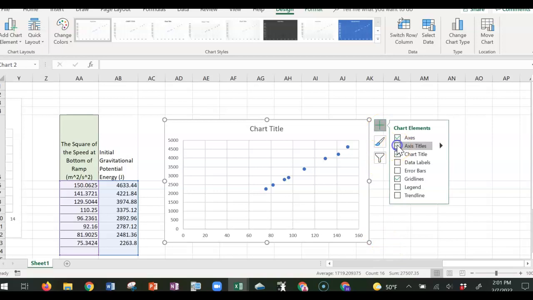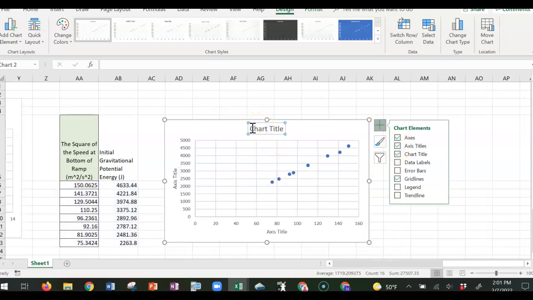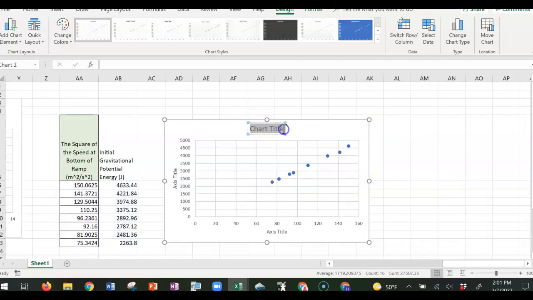Okay, so this is going to be the gravitational potential energy at the top of the ramp versus the square of the speed at the bottom of the ramp.